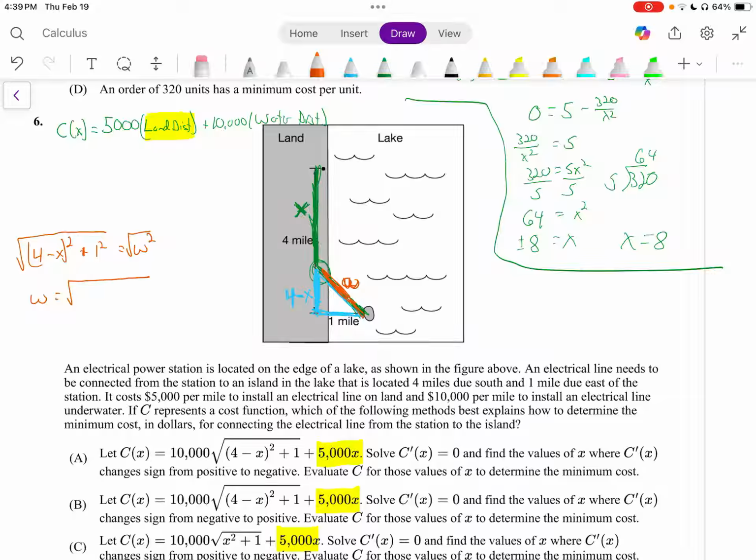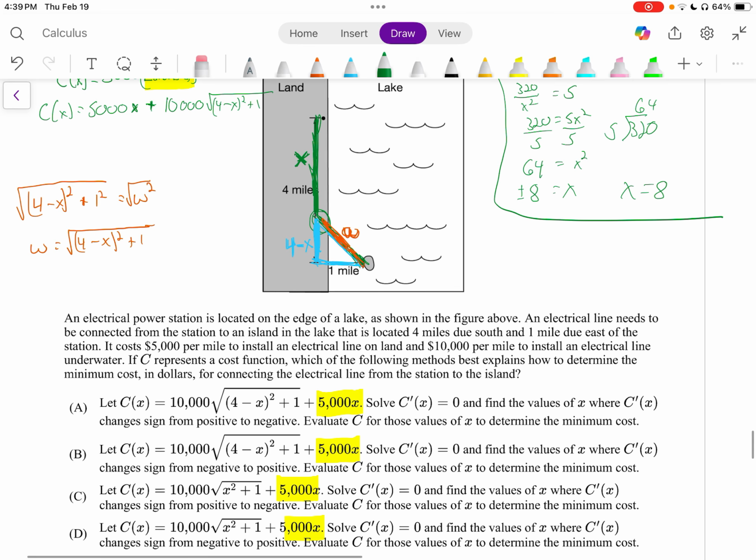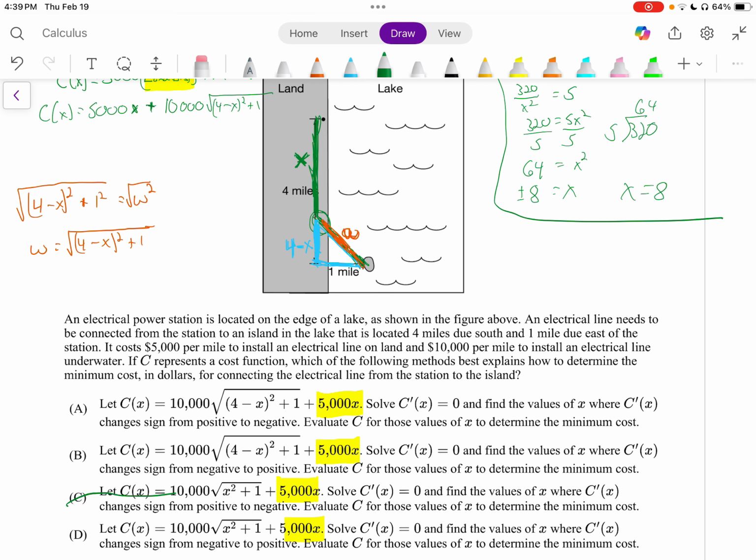So the water distance is the square root of (4 minus x) squared plus 1. And so back up to our cost function, our cost is going to be $5,000 times x plus $10,000 times the square root of (4 minus x) squared plus 1. And that's helpful because that eliminates part C and part D, because that's not the function that they used.